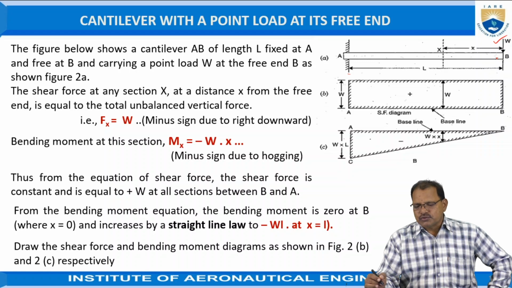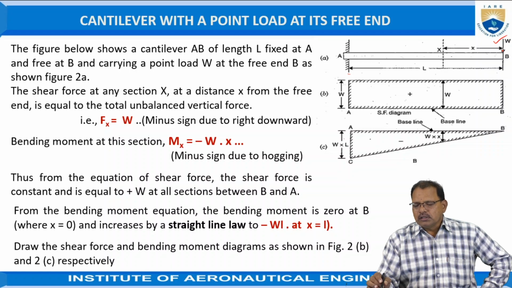So when I consider a section at a distance of x from the point B, the unbalanced force toward the right side, with respect to the point x, is equal to W.